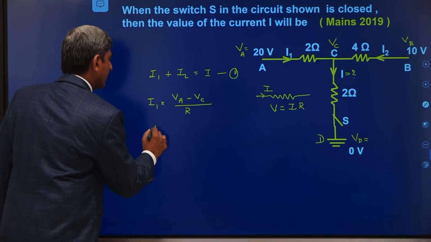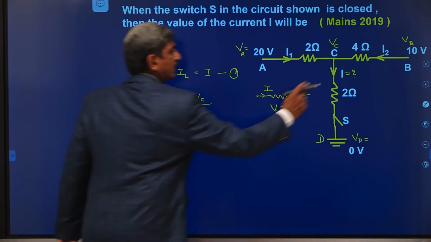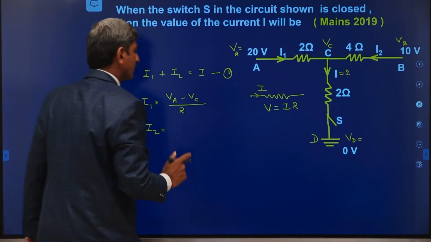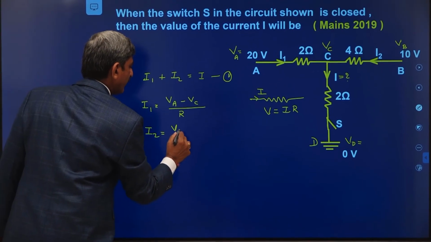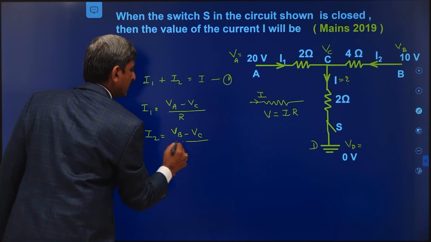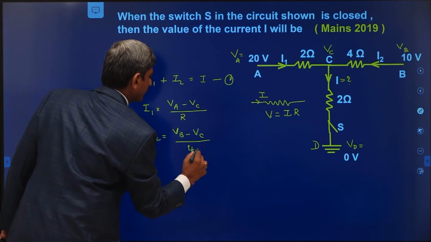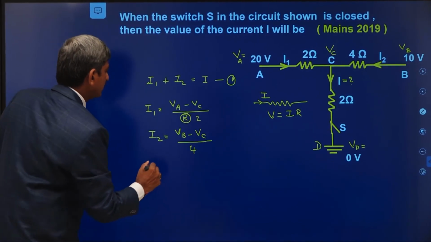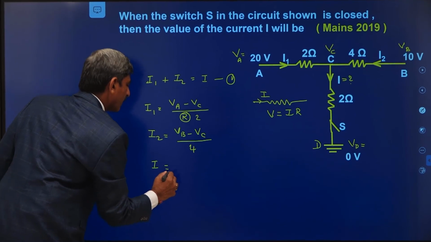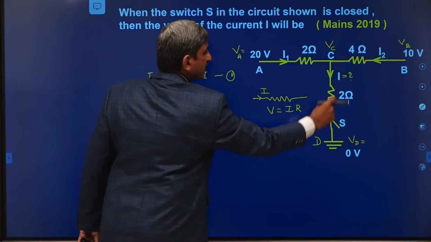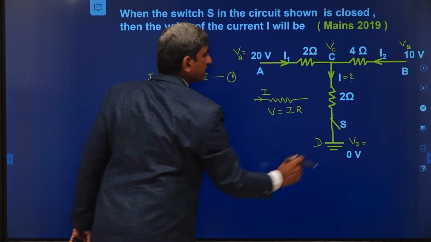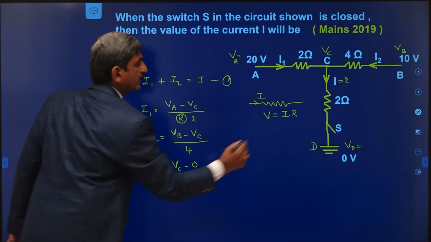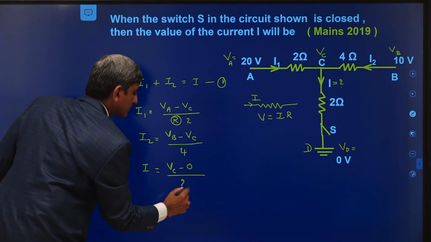And similarly, I2 is equal to, the current is flowing along this side, that's why this must be at a higher potential, this must be at lower potential, so that we can write it as VB minus VC divided by 4 ohms, whereas this is 2 ohms. And I is equal to, this current is flowing away from the junction, that's why this is at higher potential, this is at lower potential, that is VC minus 0 divided by the resistance, which is 2 ohms.